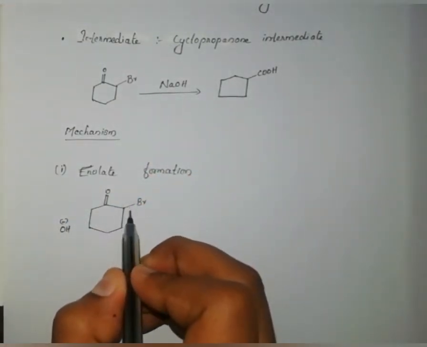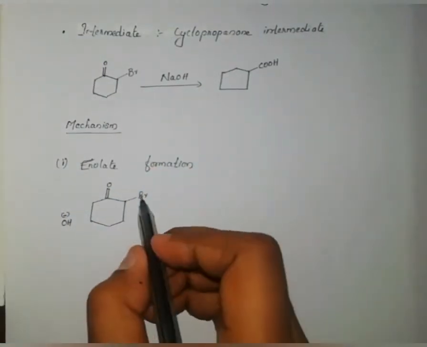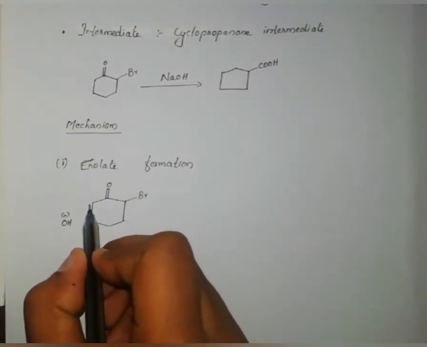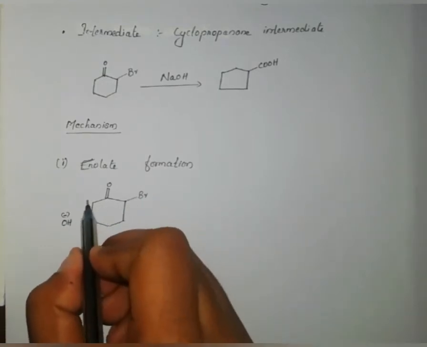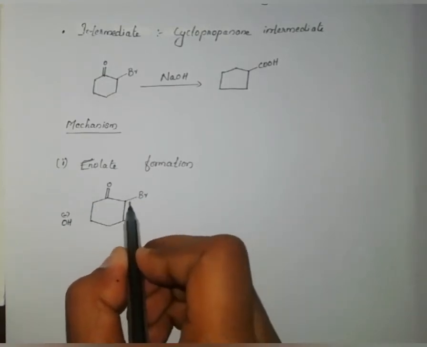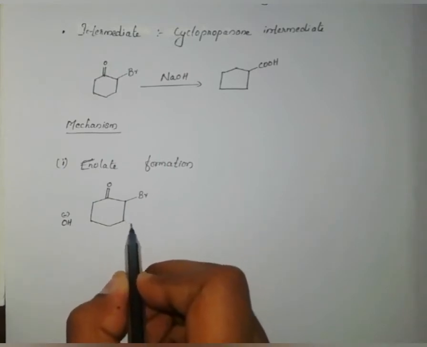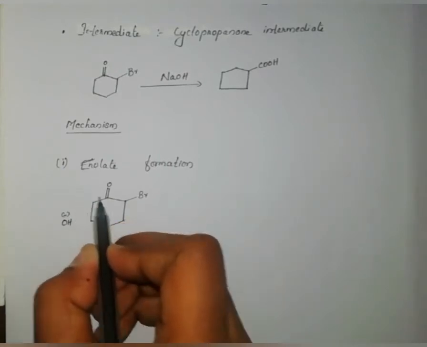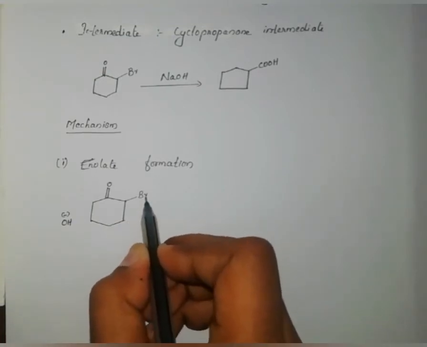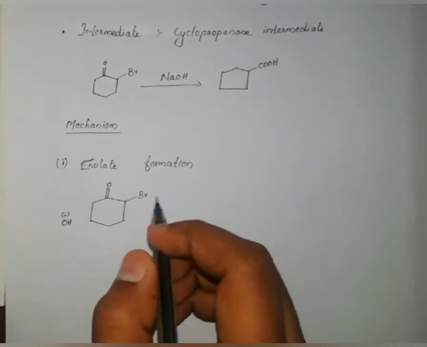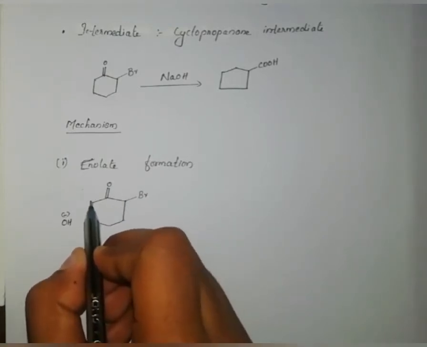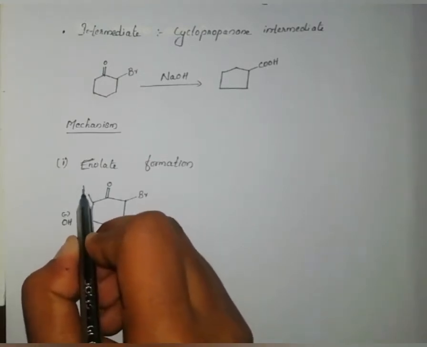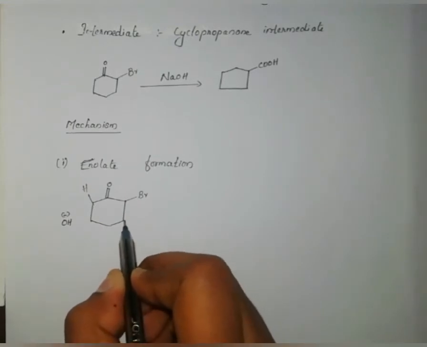One thing you have to keep in mind is that the hydrogen abstracted by the base is the one away from the halogen atom. Here we can see the presence of one hydrogen here and another hydrogen here. This hydrogen is adjacent to the halogen atom, and this is away from the halogen atom. So the hydrogen abstraction takes place on this side, that is, this hydrogen is abstracted rather than this.